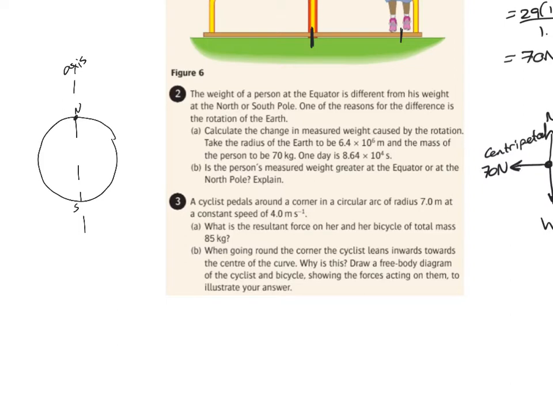So when you are at the North Pole and at the South Pole, there wouldn't really be a centripetal force required. But if you're at the equator now, so somewhere around the equator here, then you do have a centripetal force acting because it's spinning.